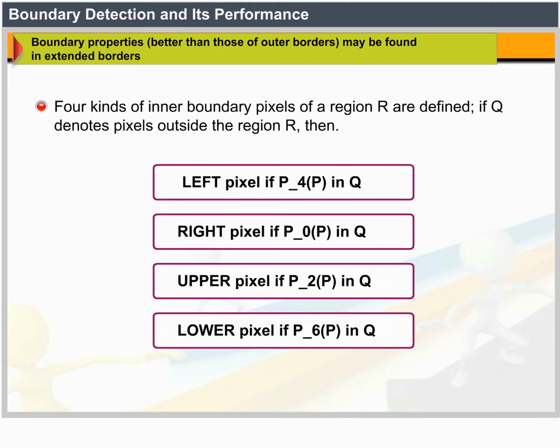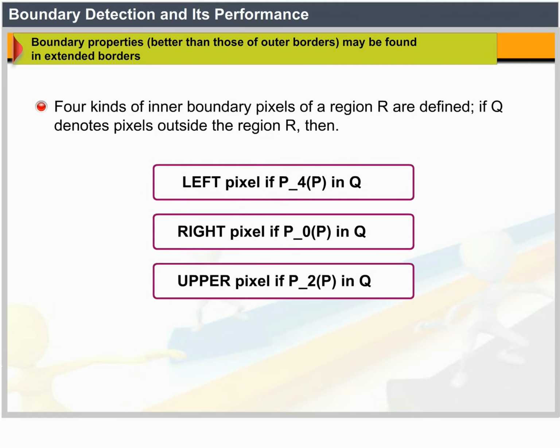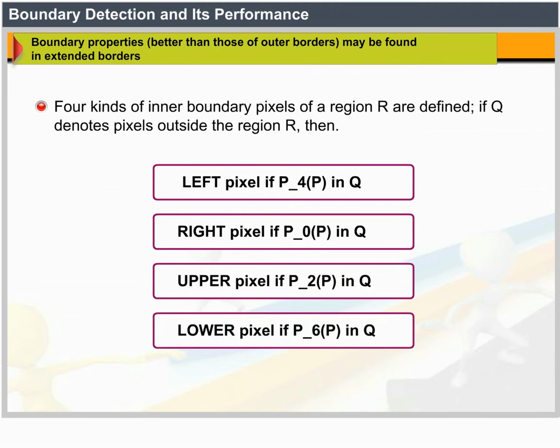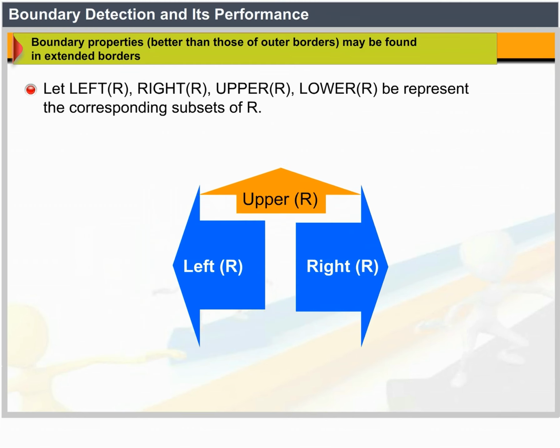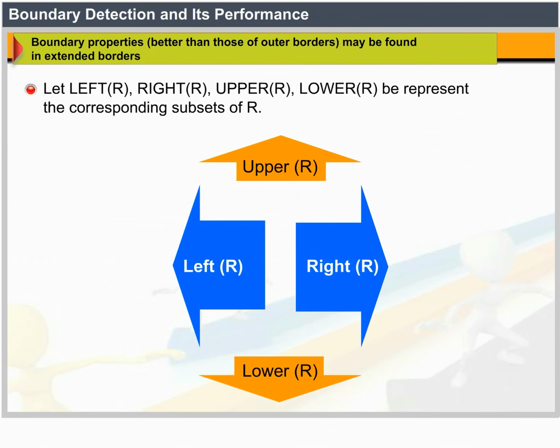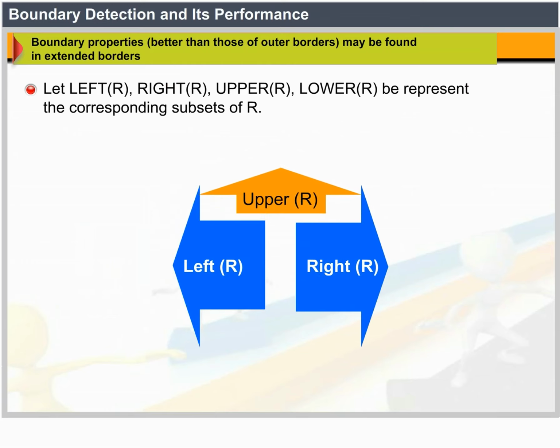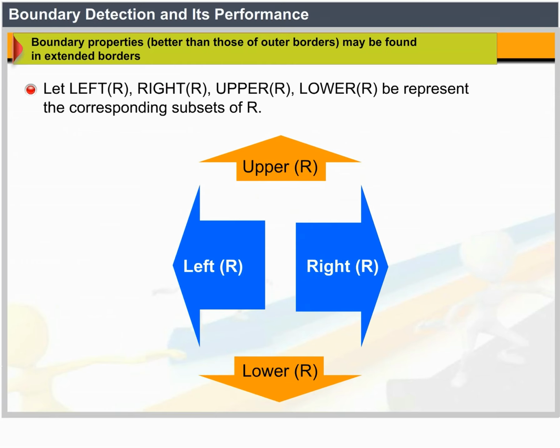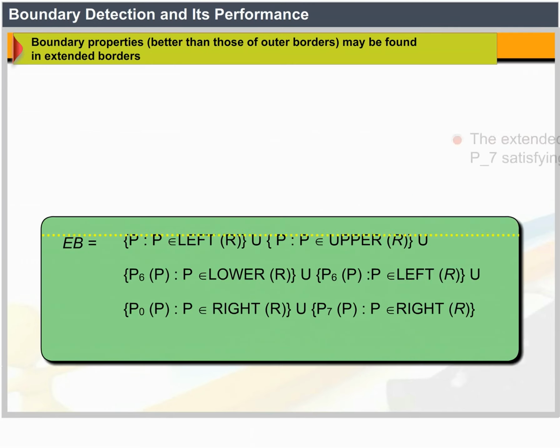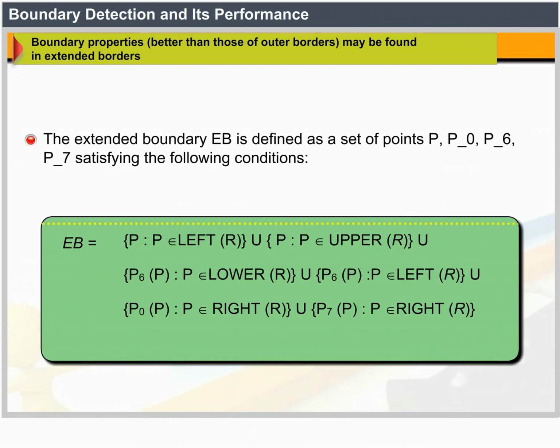If Q denotes pixels outside the region R, then let left R, right R, upper R, and lower R represent the corresponding subsets of R. The extended boundary EB is defined as a set of points P, P_0, P_6, P_7, satisfying the following conditions seen on the screen.